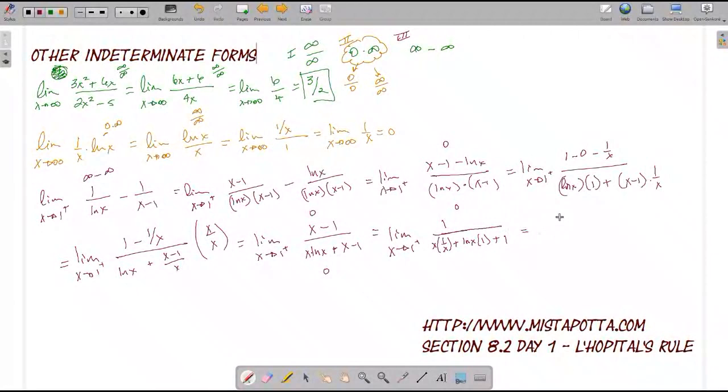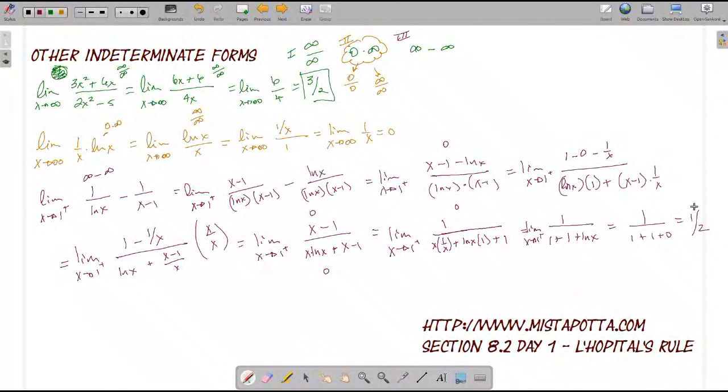And so I end up with 1 over 1 plus 1 plus the natural log of x as x approaches 1 from the positive side. So I really have 1 over 1 plus 1 plus naught, which is 1/2.